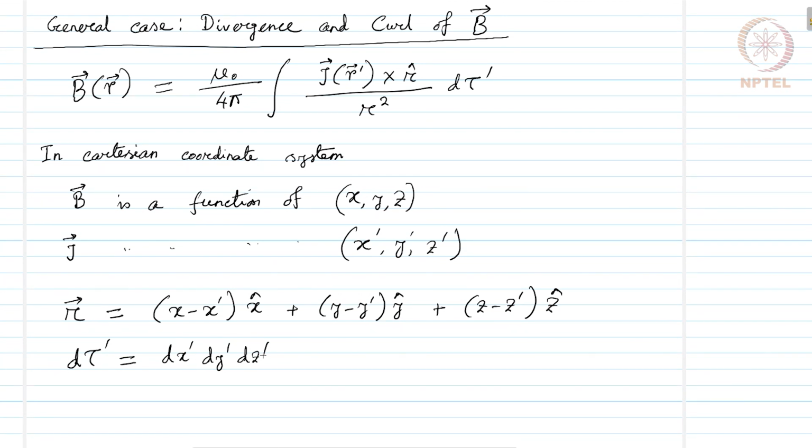So, our integral is over the primed coordinates, and we will try to calculate the divergence and curl with respect to the unprimed coordinates. And how do we do that? Let us try doing that. First, we try to calculate the divergence.